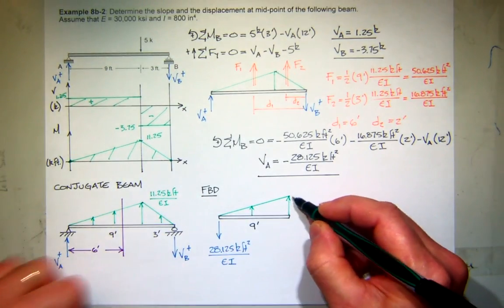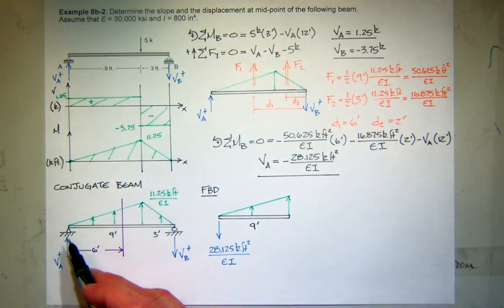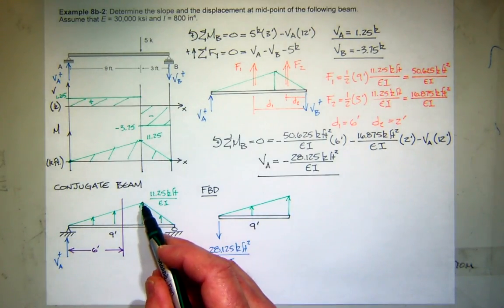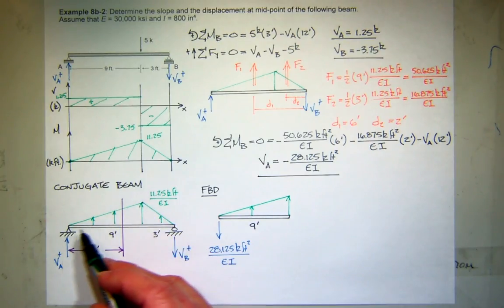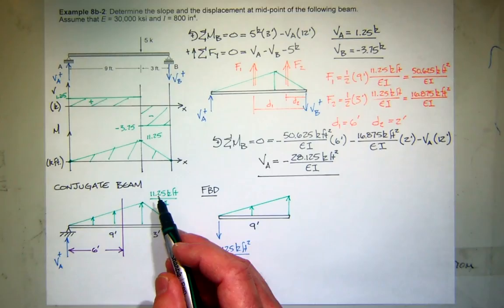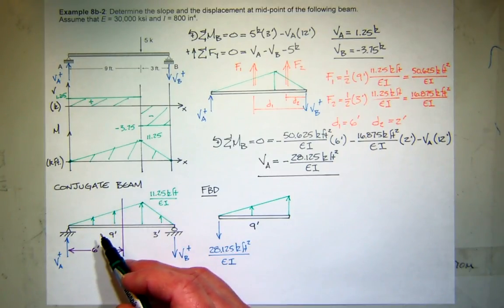What do you think the value of this load is right here? Well, I know at 9 feet over, it is 11.25. So at 6 feet over, what should it be? Well, a similar triangle says 11.25 is to 9 as what is to 6? I think it's 7.5, 2/3 basically, right?